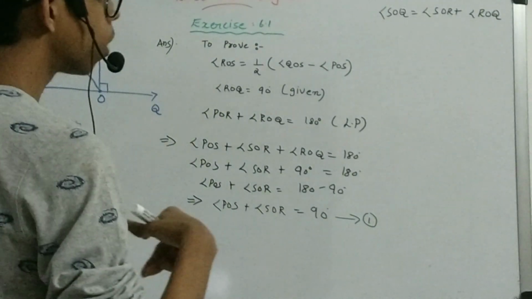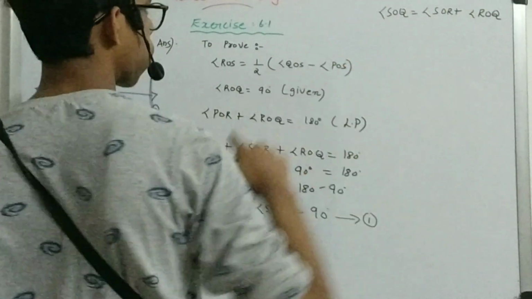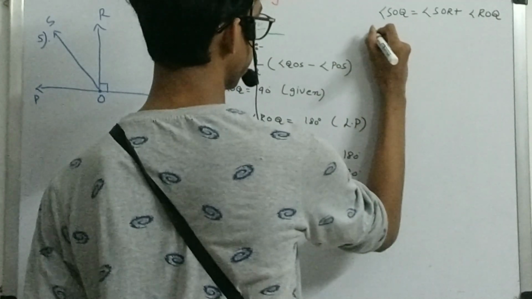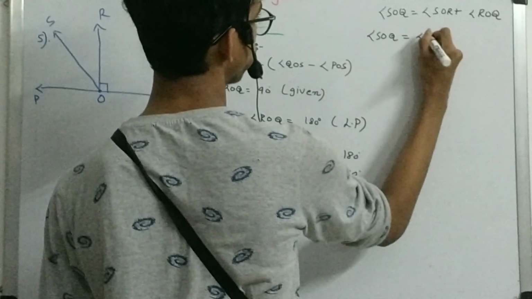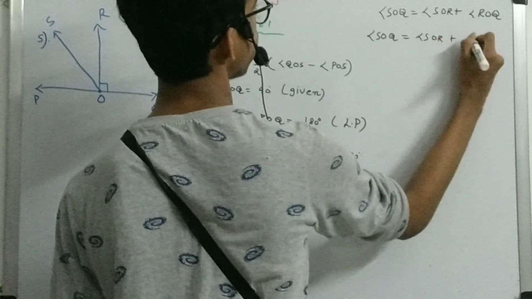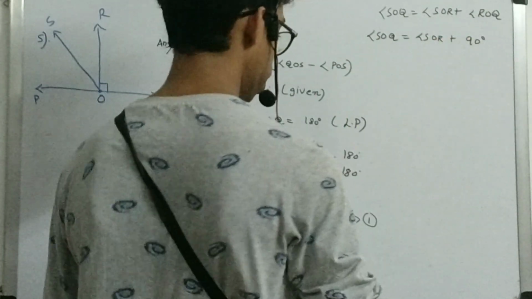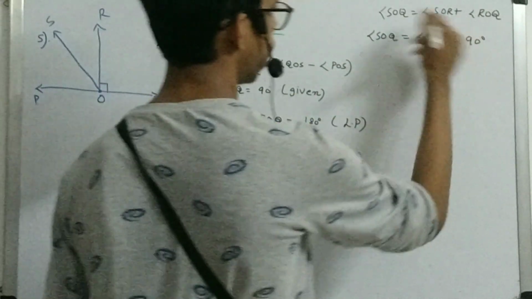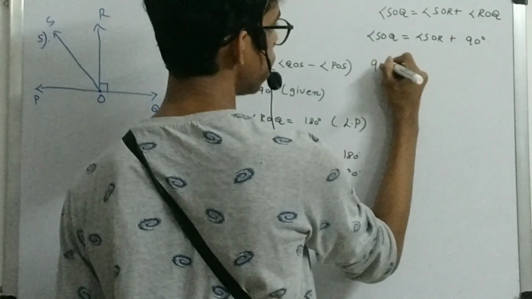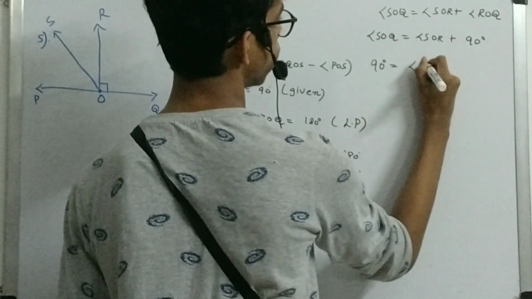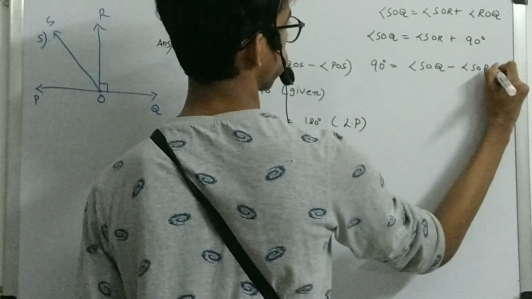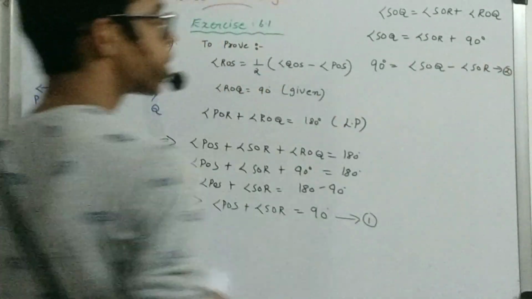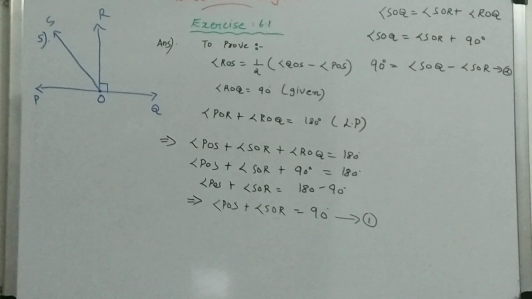Here also angle ROQ is equal to 90 degrees. So angle SOQ is equal to angle SOR plus 90 degrees. Now 90 we can keep on one side and the other things we can take to the other side. So 90 degrees is equal to angle SOQ minus angle SOR. You can take this as equation number 2.